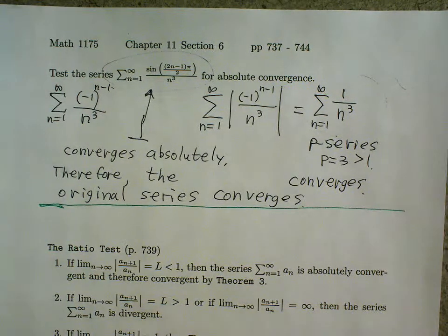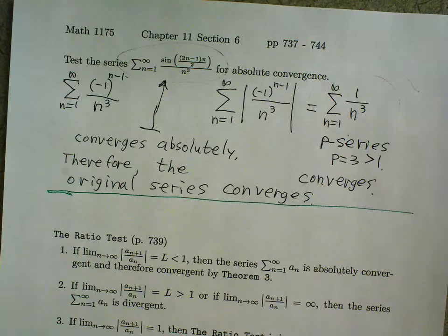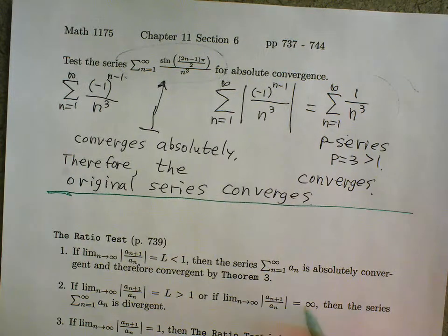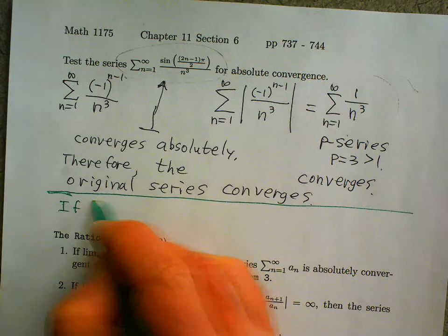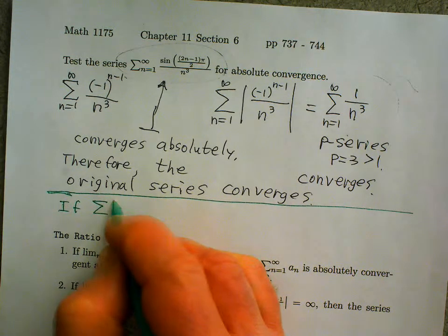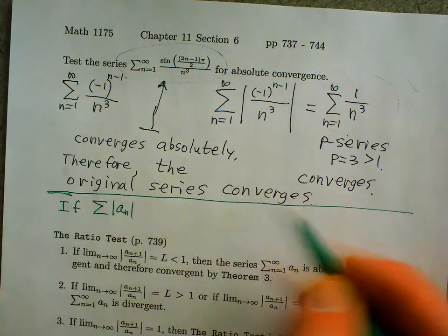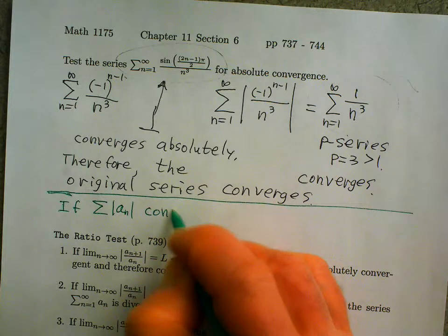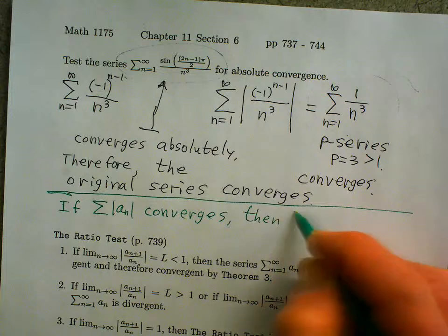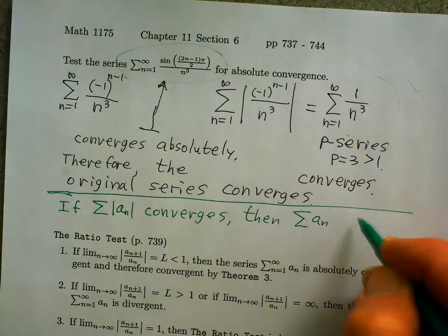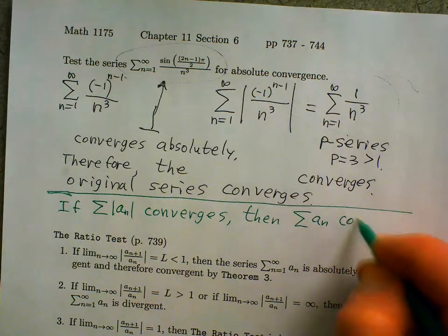Okay, so just to summarize, if the series of the absolute value of a sub n converges, then the series of the a sub n terms also converges.